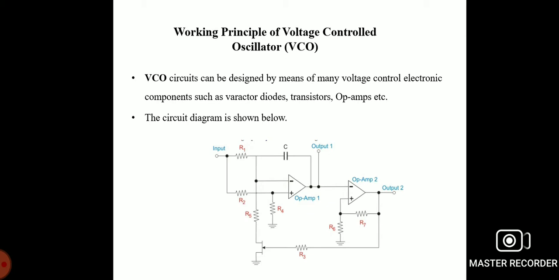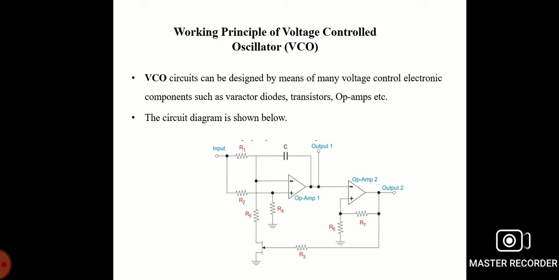So the capacitance is charged and discharged in the conditions of the BJT amplifier. Here the output coincides with the input voltage supplied through resistance R1 and then output to the secondary operational amplifier. Now we can see the structure.